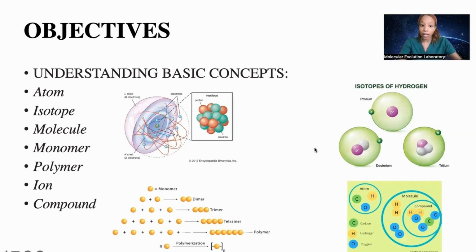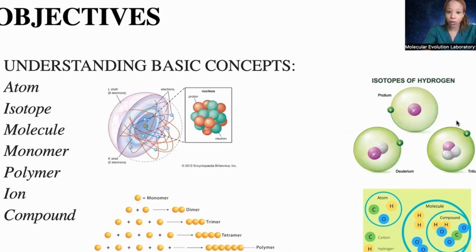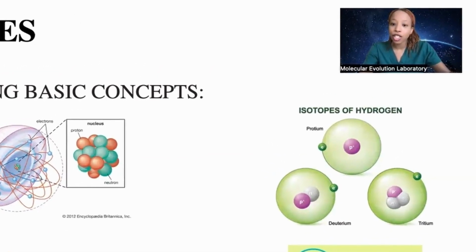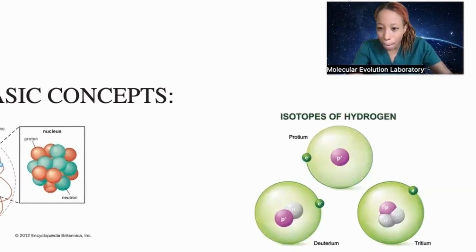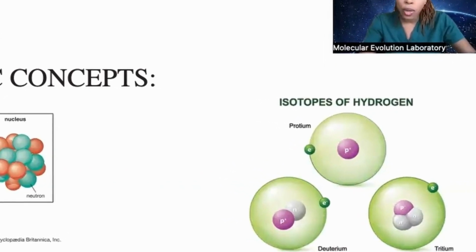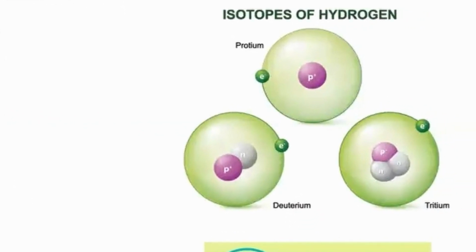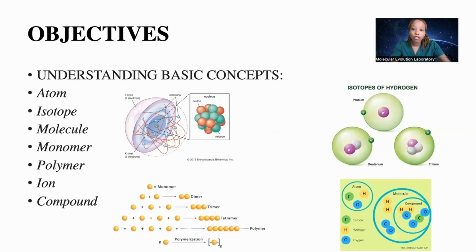We also mentioned the isotopes, and as we said, isotopes are different species of the same element. It just means that there are different numbers of neutrons that will affect what we call the atomic mass. So there's a different number of neutrons that will contribute to the average atomic mass.